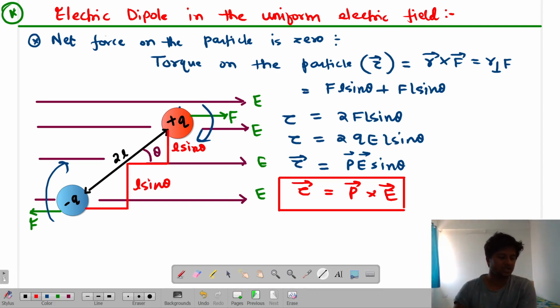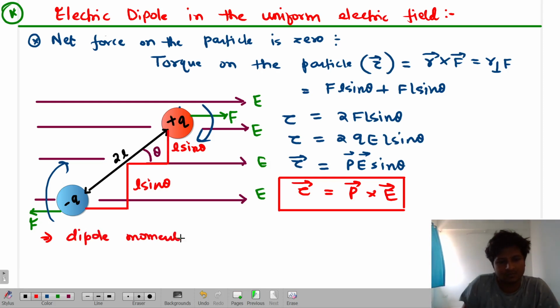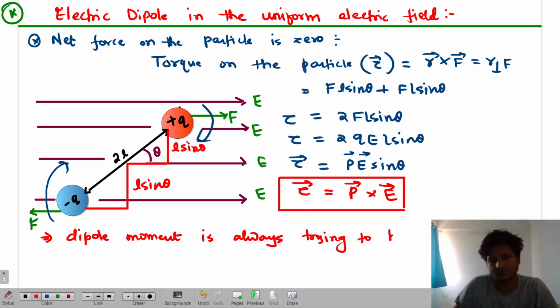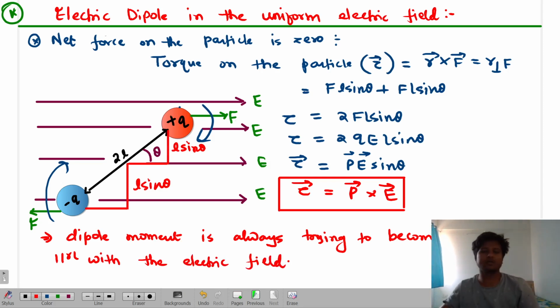That is why it is written as P cross E. That means what is actually happening is the dipole moment is always trying to become parallel with the electric field. Is that clear or not? Are you able to get me?